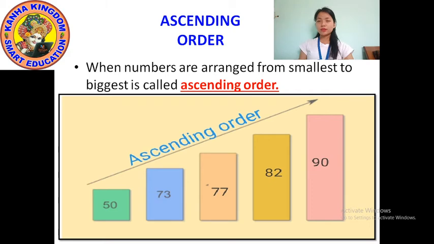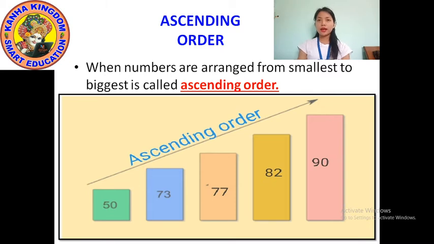When the number are arranged from smallest to biggest, we say the number are in ascending order.